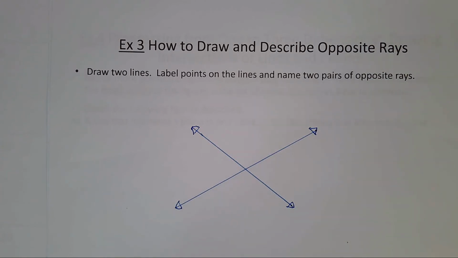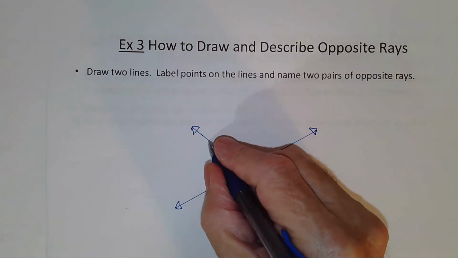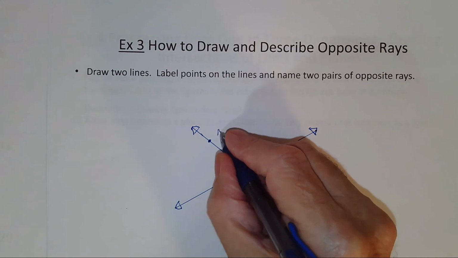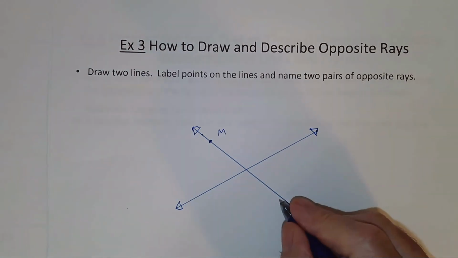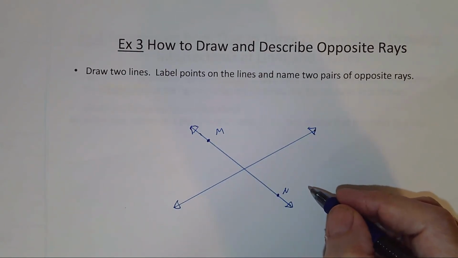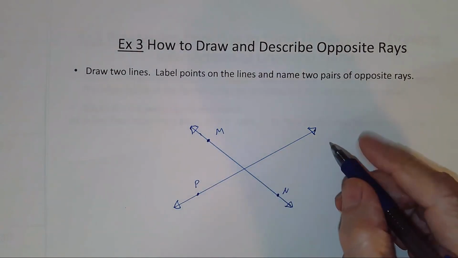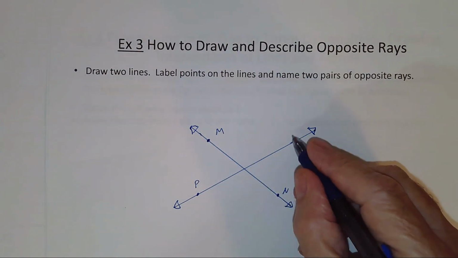It doesn't tell us, but let's see. Why don't we put a point here and we'll call it M. And we'll put a point down here and we'll call it N. So that's line MN. And then I'm going to put a point down here, I'm going to call it P, and I'm going to put a point up here, and I'm going to call it Q. So that's line PQ. Okay.